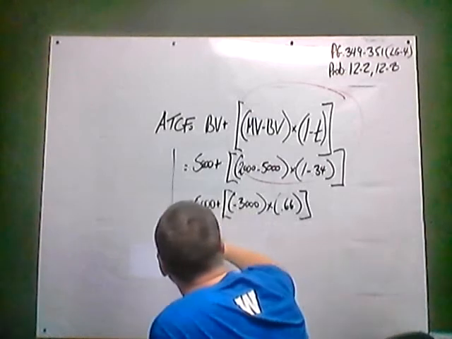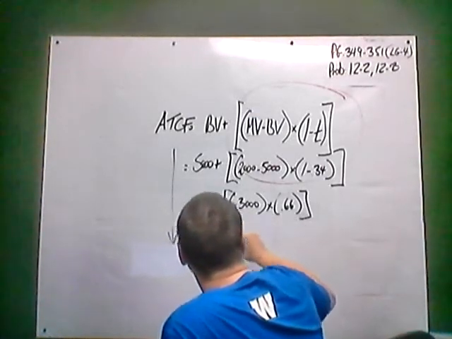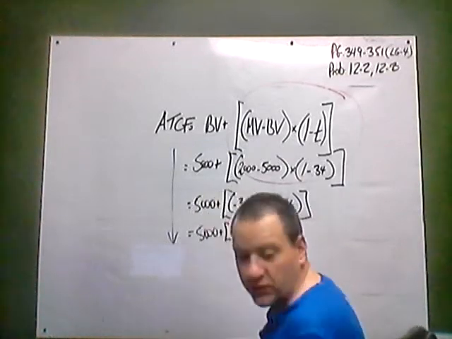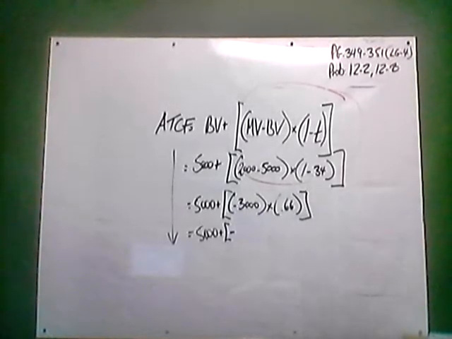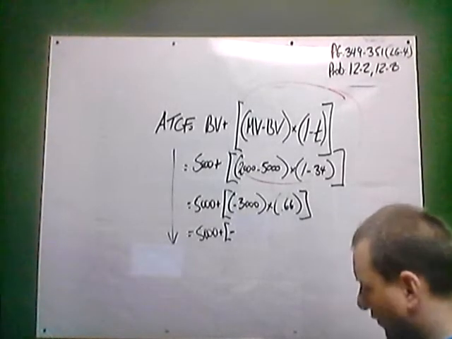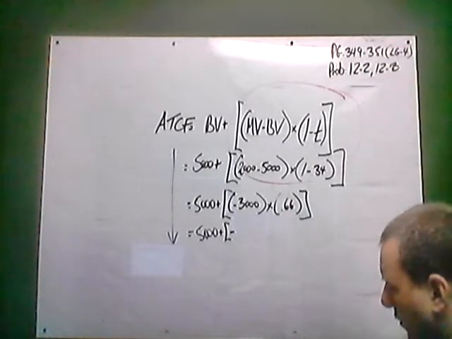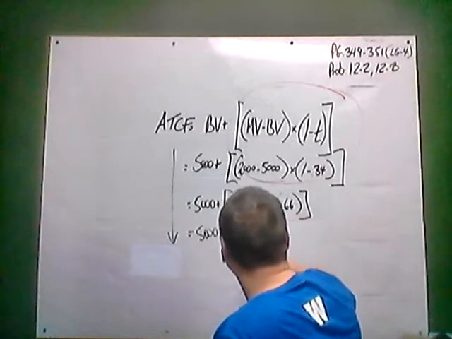Now we'll go 5,000 plus, well, what's in these brackets? Minus 3,000 times 0.66. Minus 3,000 times 0.66 is minus 1,980.